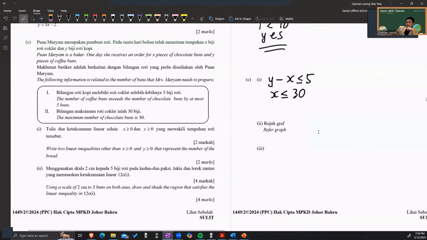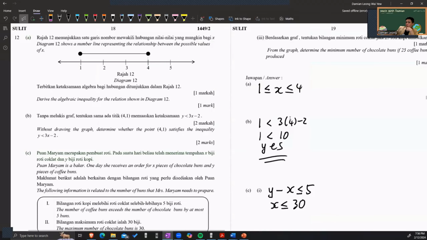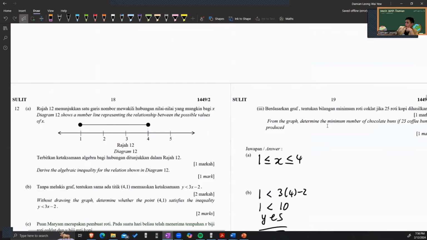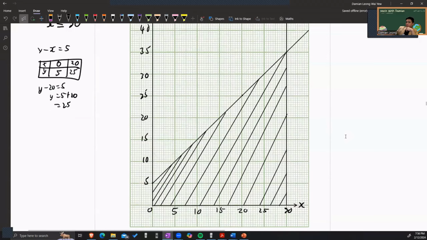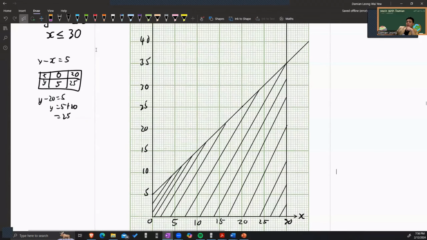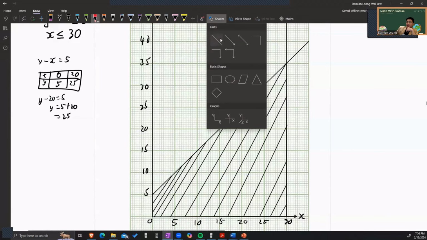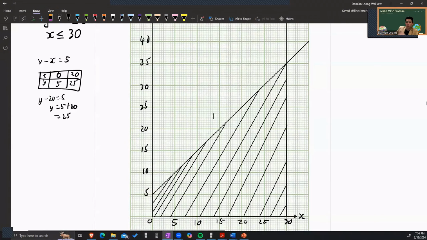Then we have C3. From the graph, determine the maximum number of chocolate buns if 25 coffee buns are produced. 25 coffee buns produced means y is 25. So y equals 25 means this straight line.